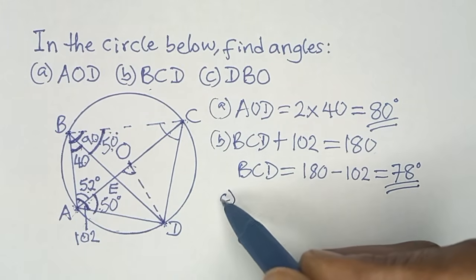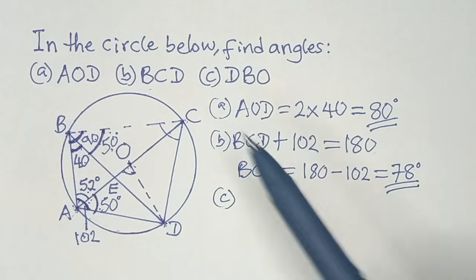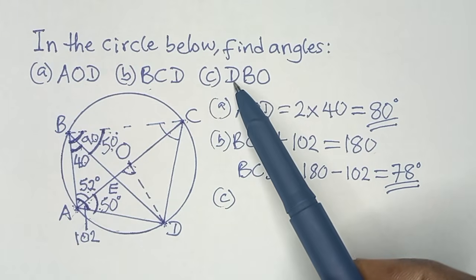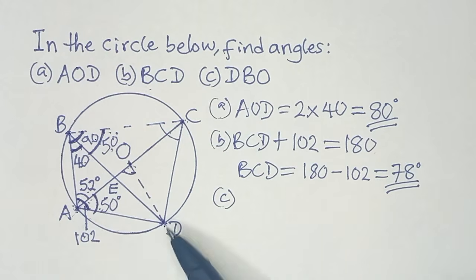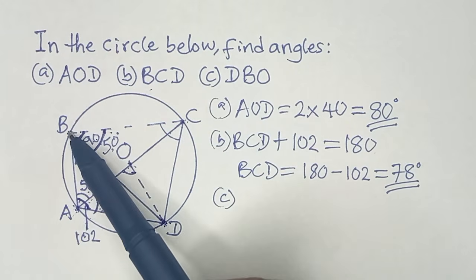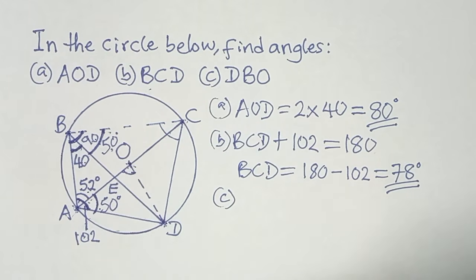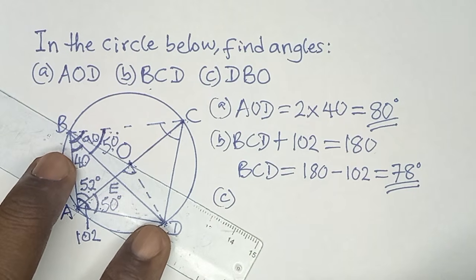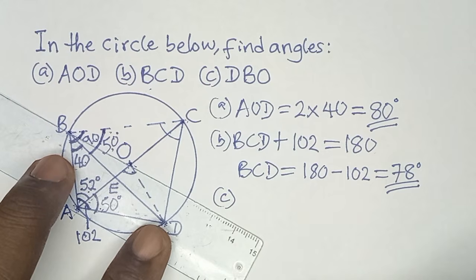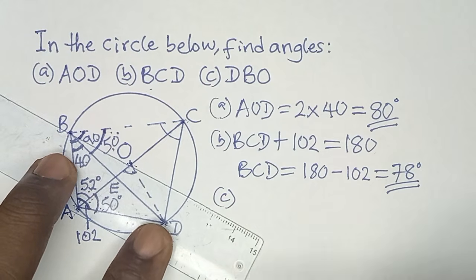Finally, let's move on to question C. If you look at question C, I have DBO as the angle that we're looking for. Now, if you also look at it again, the line BO is not sketched here. So let me sketch it for easier understanding.